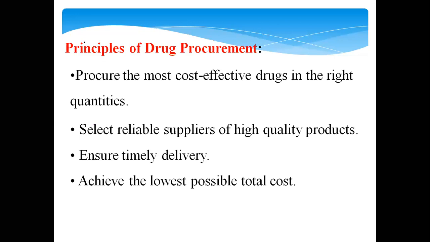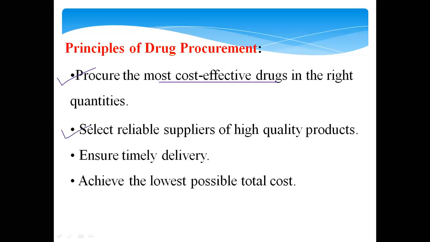What are the principles required to procure drugs for smooth running of drug stores? These procurement procedures procure the most cost effective drugs in the right quantities. This is the first principle.